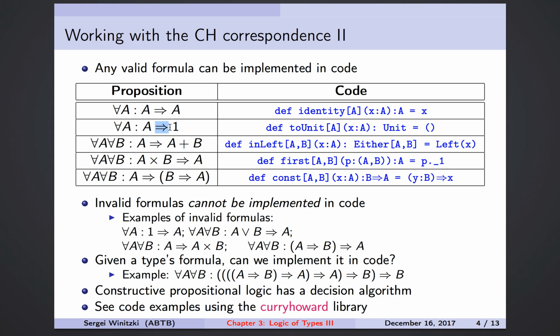This is the implication symbol. The meaning of this symbol is that if we can prove that A is true, we can prove that this is true. So the meaning of the implication symbol in this logic is that if we can prove what's on the left, then we can prove what's on the right.